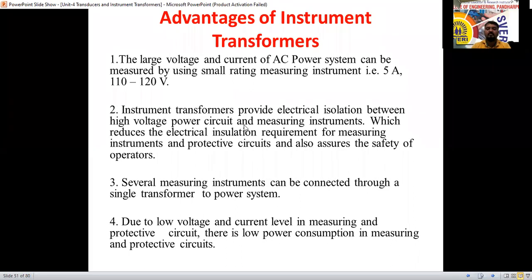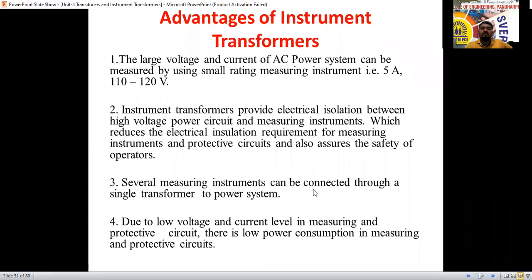In between the measurement circuit and the high voltage circuit, we are separating them by isolation. This reduces the electrical insulation requirement for the measurement and protective circuits, and also assures the safety of the operators. To assure the safety of the operators, we have to isolate the main high voltage power circuit and the measuring circuit. That is the main advantage here.